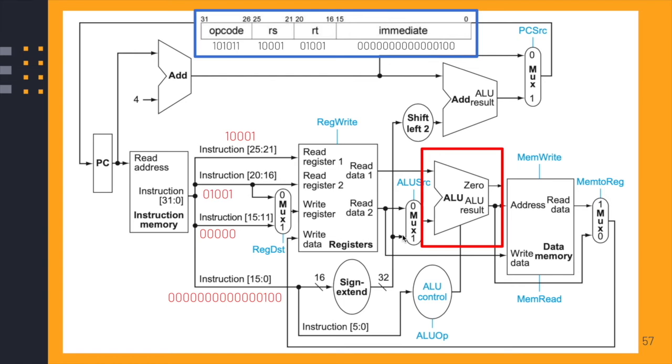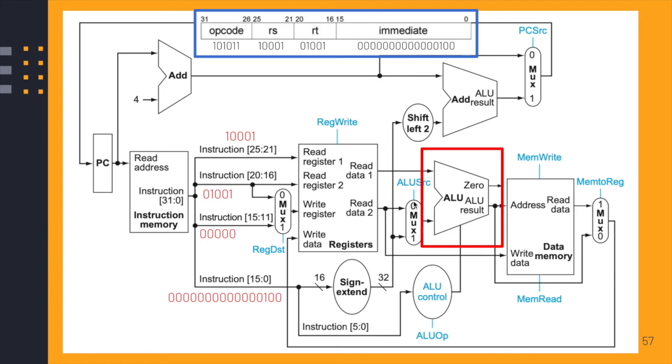As you all guessed correctly, I want to add base address plus offset. So this multiplexer will act as a gate, and it will not allow the value of register RT to pass to the ALU, but it will allow the value of the sign extend, which contains the offset I want to add to the base address, to pass to the ALU. So this ALU will perform the operation of base address plus offset.